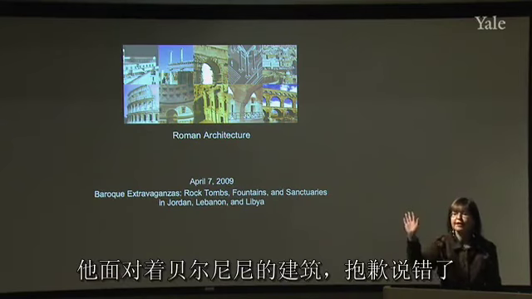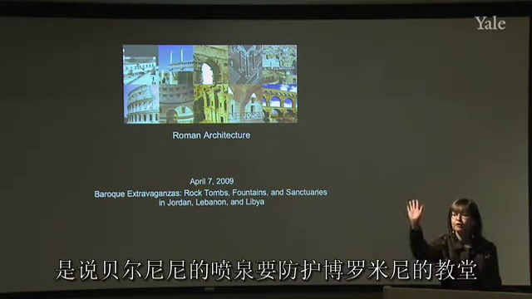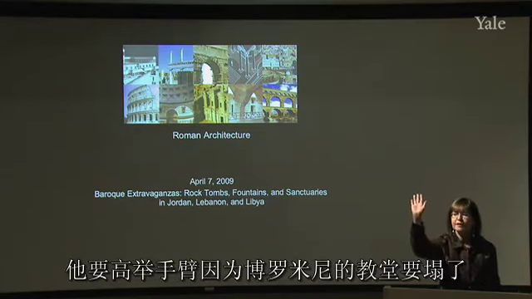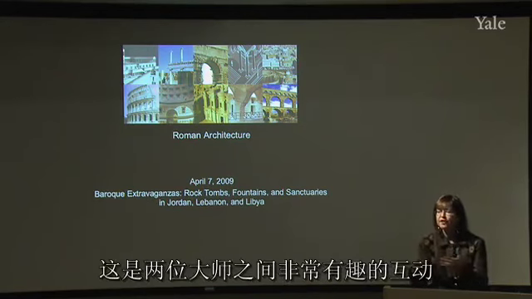He's facing Borromini's church, and he needs to protect himself from it, the implication being that he holds up his hand because Borromini's church is going to collapse, because it's so poorly executed. So there's a very interesting dialogue between the two men.